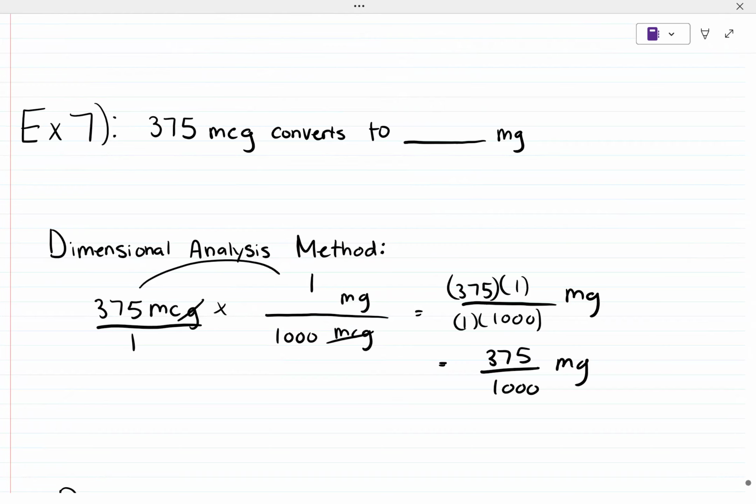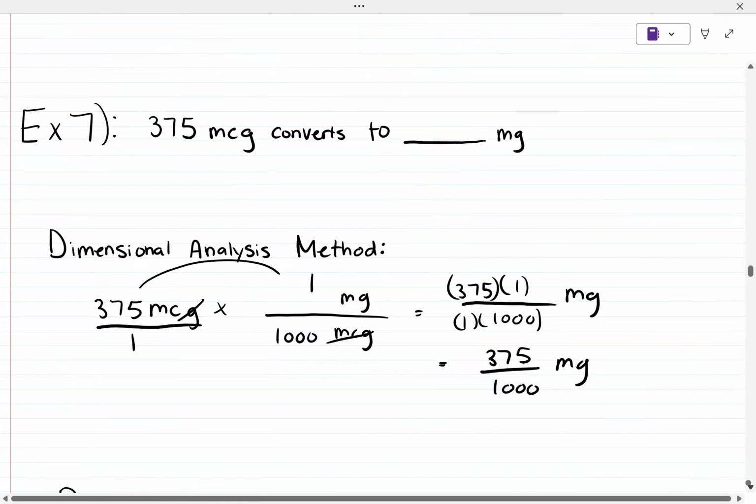Okay, what's 375 divided by 1,000? That is 0.375, and you must include the leading zero. So 0.375 mg.